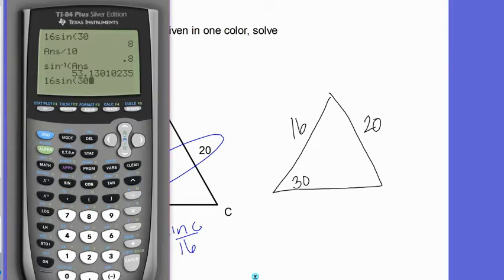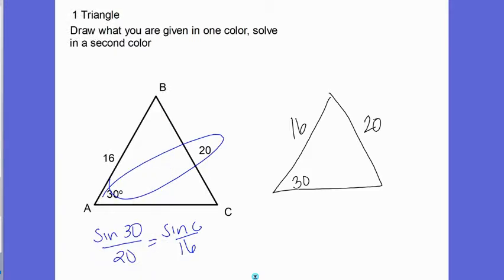Sine 30 divided by 20. And then sine inverse to get 23 degrees. And that's what I'm going to put in right here. Okay, and then if I wanted to find this one, right, I would do 180 minus 30 minus 23 and get 127 for this one up here.